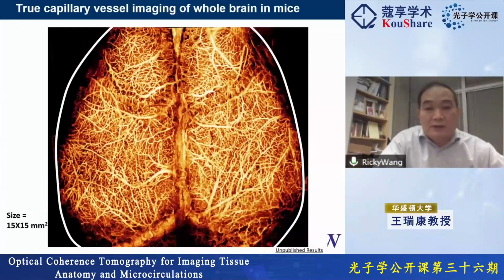Because OCT has a resolution of 10 microns, you won't miss the capillaries at all. So this is the capillary network in the cortical tissue. You can imagine that OCT can be pretty useful to look at small vessel diseases in neurological diseases, for example, stroke and Alzheimer's.